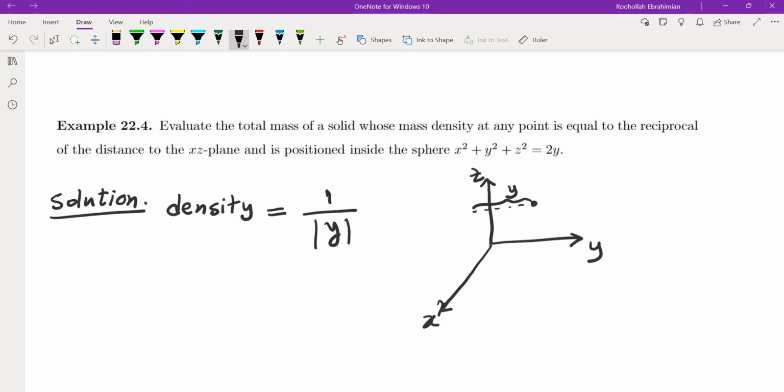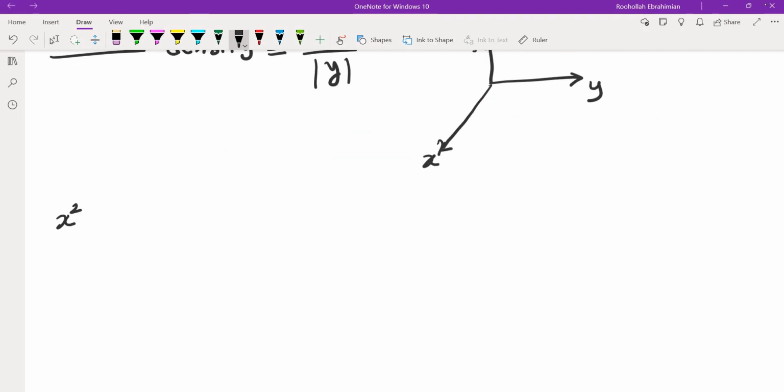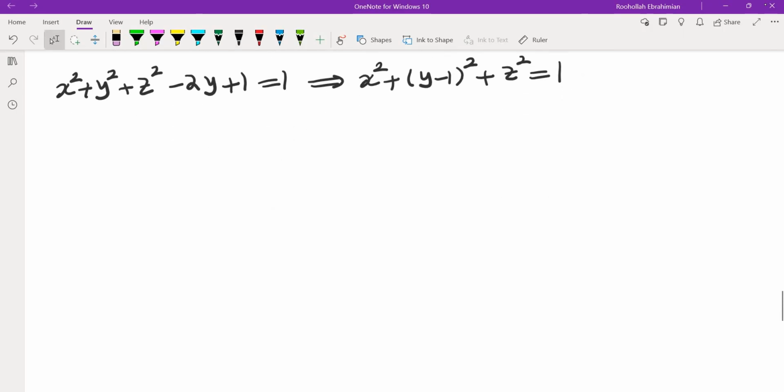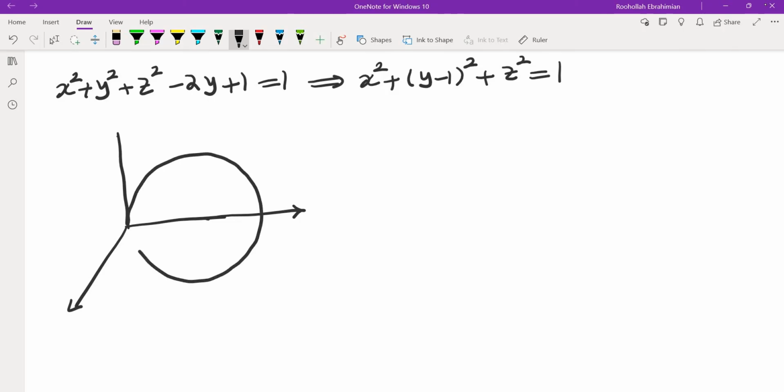Next, we'll have to draw the sphere. So the sphere is x squared plus y squared plus z squared minus 2y plus 1 equals 1. That gives us x squared plus y minus 1 squared plus z squared equals 1. So it is a sphere of radius 1 centered at 0, 1, 0. So it is like this.